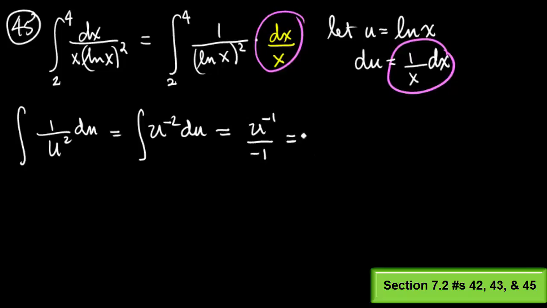And then write everything back: that's going to be negative 1 over, what is our u, natural log of x, evaluated from 2 to 4. I'll let you take care of the substitution for the rest of it, so that we can keep going. So as you can see, whenever you see a natural log of x and an x in the denominator, right away it gives you a hint that you let u be the natural log of x.